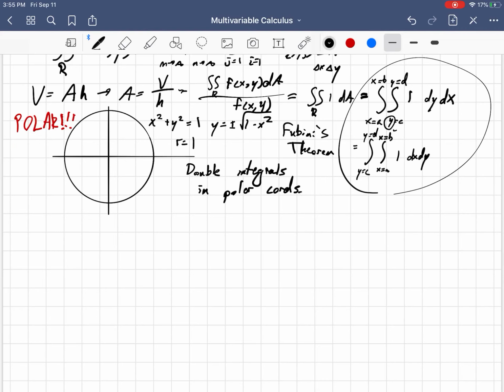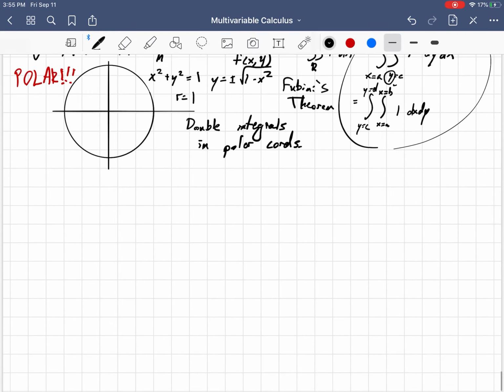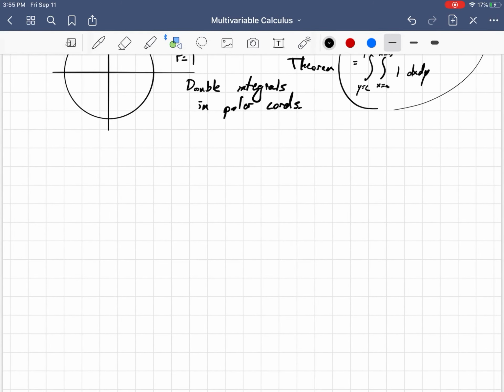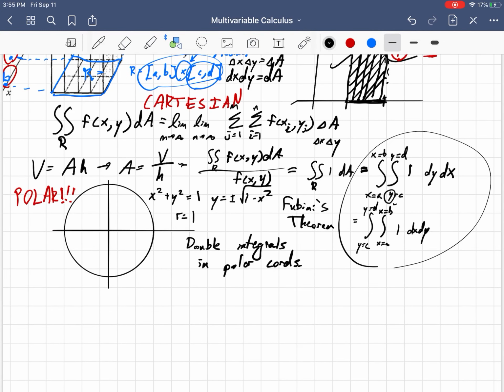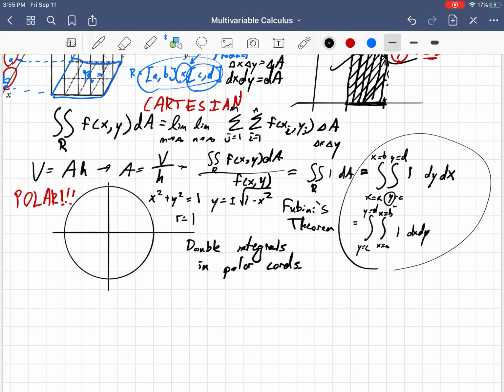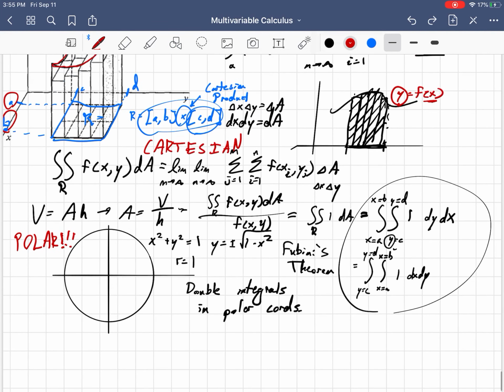And so to start off with, remember before I was talking about in Cartesian coordinates, this dx dy business, right here, dx dy being dA.